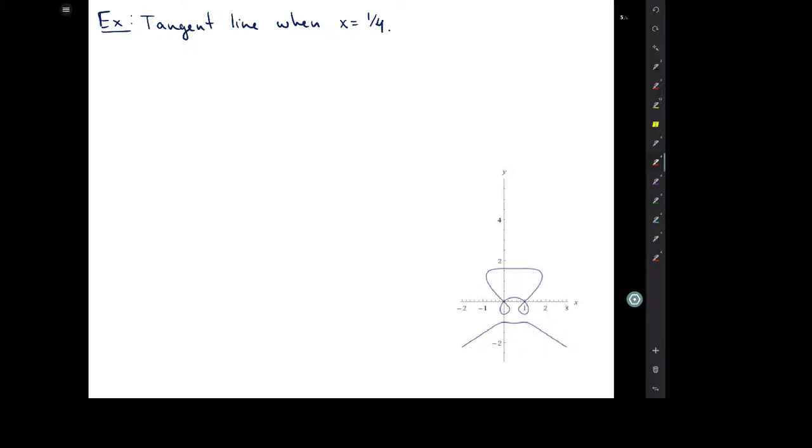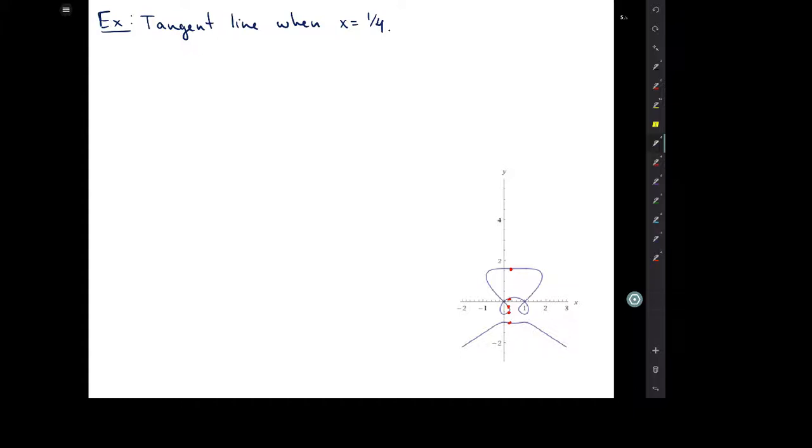And if you look at the graph of this curve and you think, okay, where is x equals 1/4? There's a lot of different y values that we could potentially have. So these are all along this line, x is equal to 1/4. It looks like there are 5 different y values that we could have.